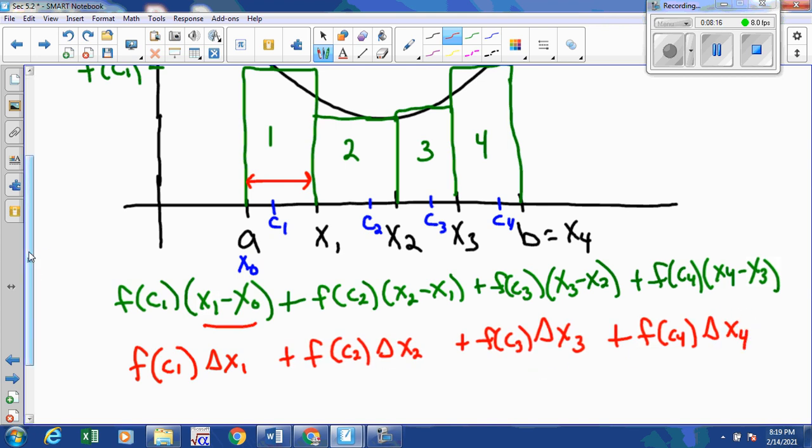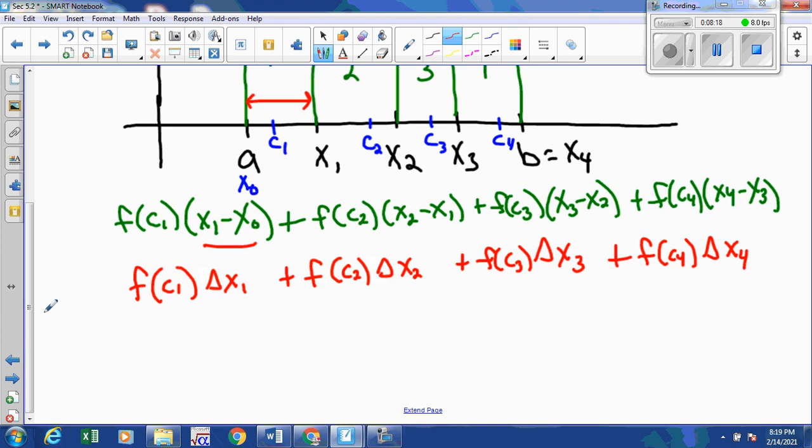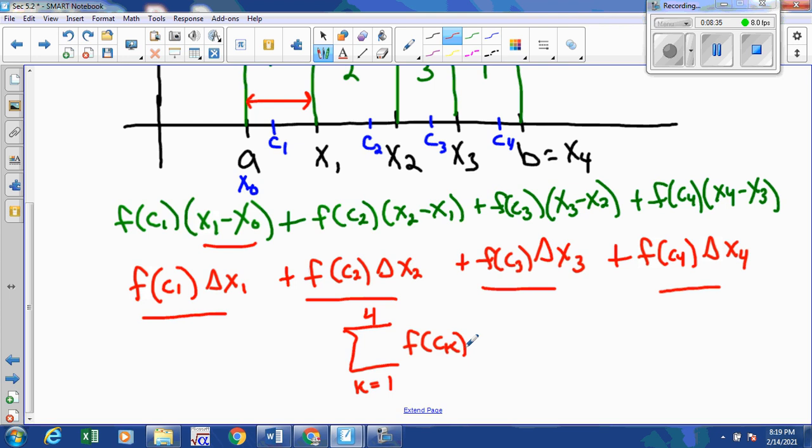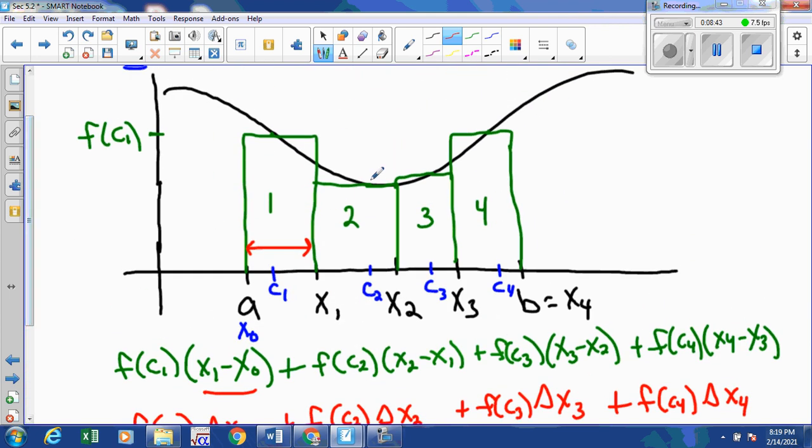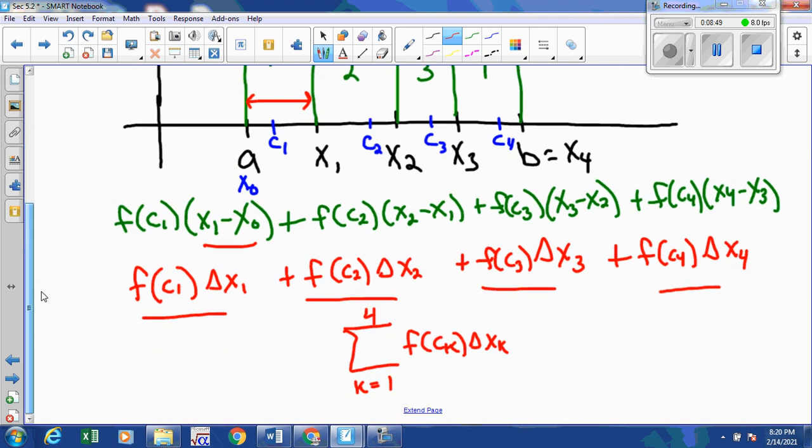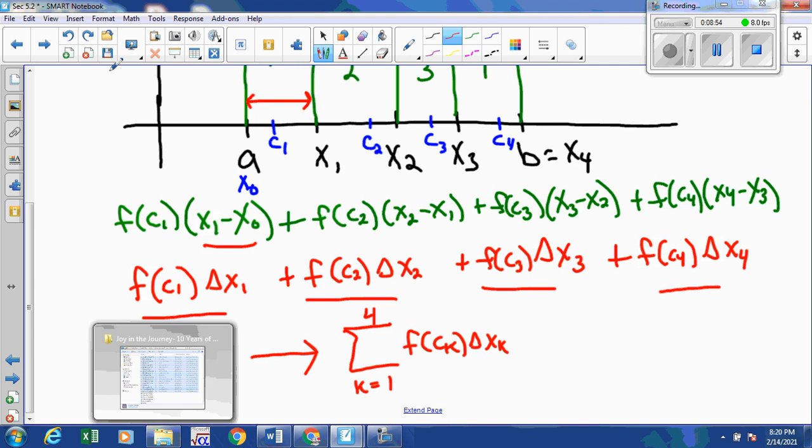Now, if you notice what we have, there are four things. We could write this in sigma notation as the sum from k equals 1 to 4 of f of c sub k delta x sub k. So we are able to take this rectangular approximation method, using the width and the functional value, and end up with the sigma notation.